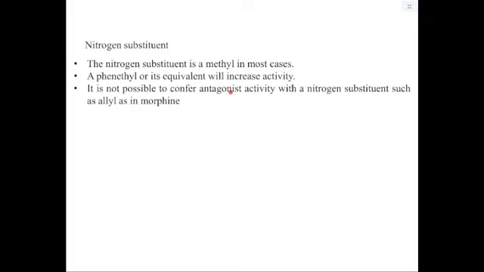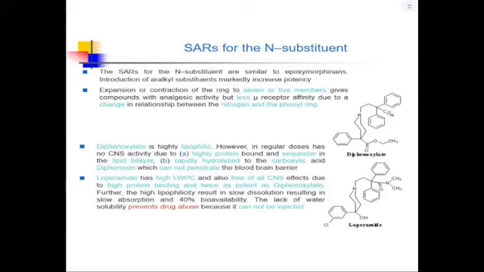That's the only difference. So we are saying once you increase that group, again, you do increase activity, but we cannot really do substitution to get an allyl. Remember when we did the naloxones and naltrexones, whereby we put an allyl group and we were able to get nalorphine, we were able to get antagonistic activity. I want to believe that we have mentioned then everything here is similar with the morphines.